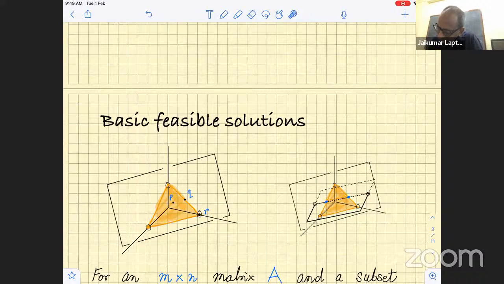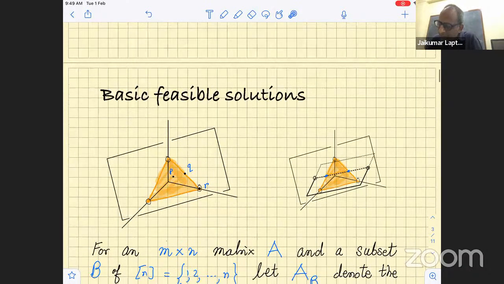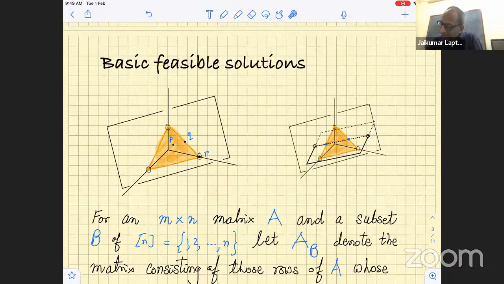I want to now talk about a very important notion called basic feasible solutions. We'll be focusing only on linear programs which are in equational form, and we'll be looking at basic feasible solutions. So what's a basic feasible solution?